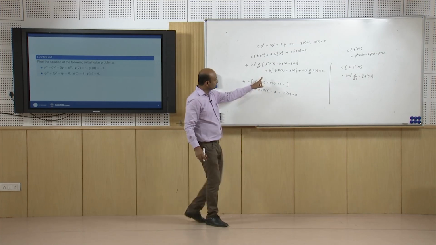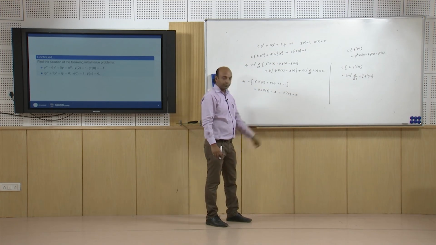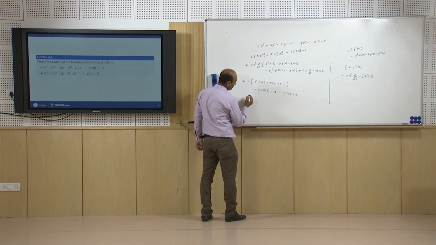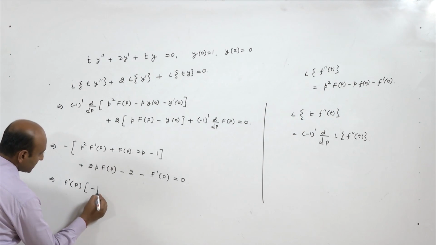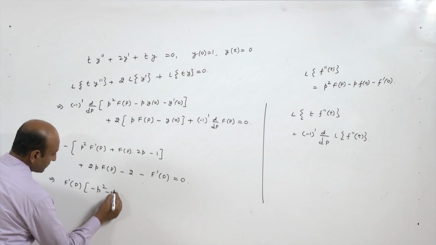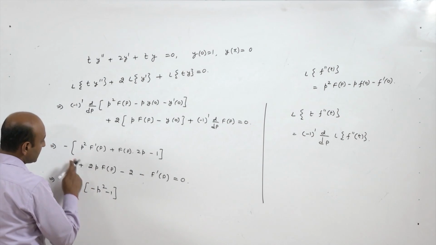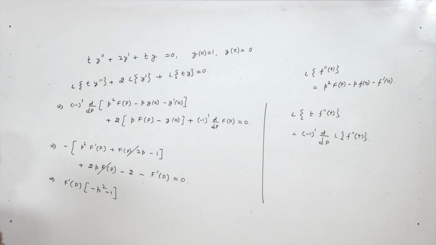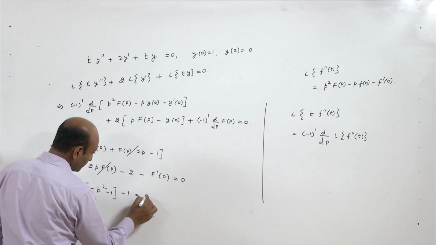It is 2 p F p, y 0 is 1, so 2 into 1 is 2. Now this implies F dash p into minus p square minus 1, and F p terms: it is minus this and plus this, so both cancel out. Then it is minus minus plus 1 minus 2, so it is minus 1 equal to 0.